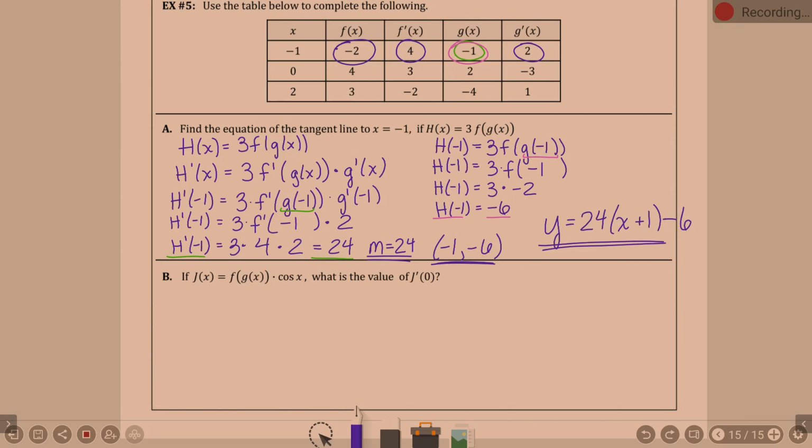If j of x equals f of g of x times cosine x, what is the value of j prime of 0? So we've got to find j prime of x. What do we have to realize here?